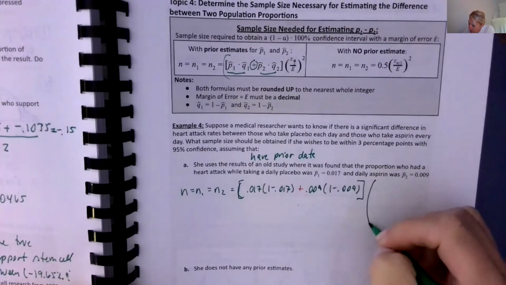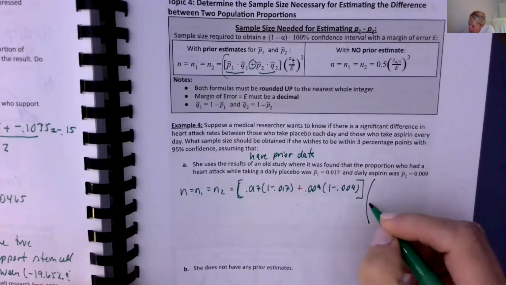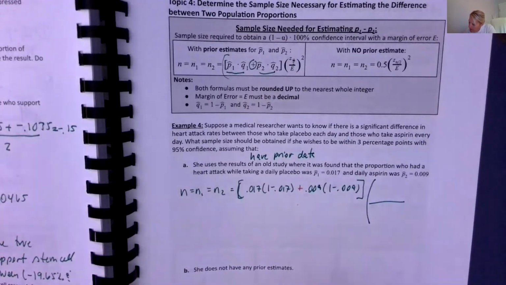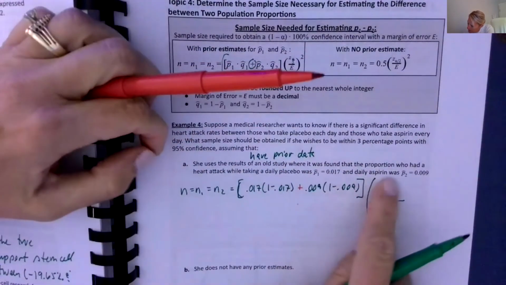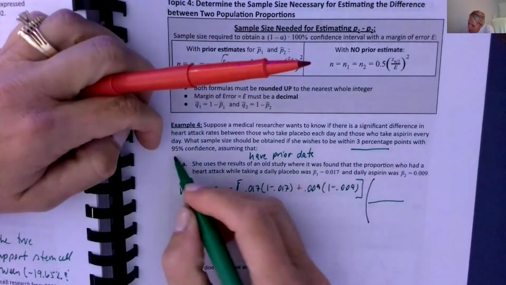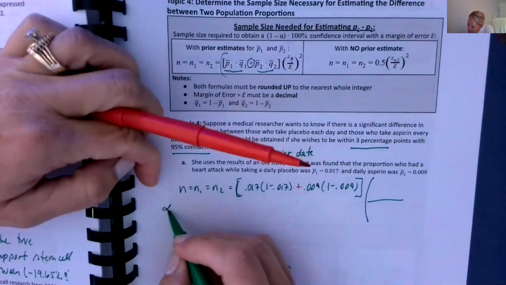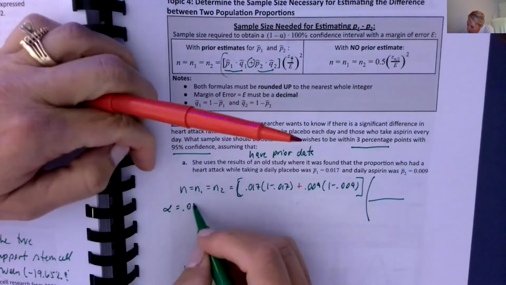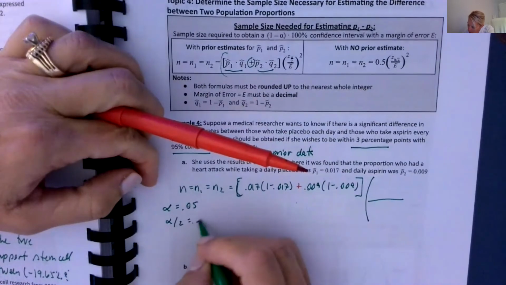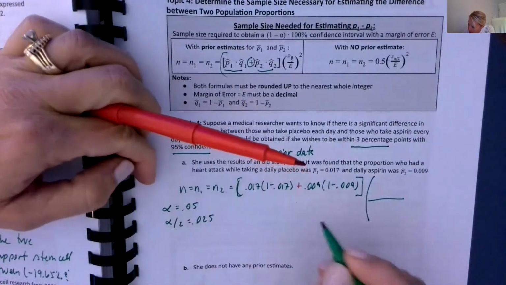And then we have our critical value, right? So let's just go over here and do our critical value. And they wanted 3 percentage points at 95% confidence. So alpha is 0.05. And so alpha divided by 2 is 0.025.